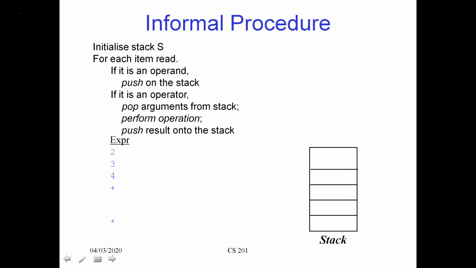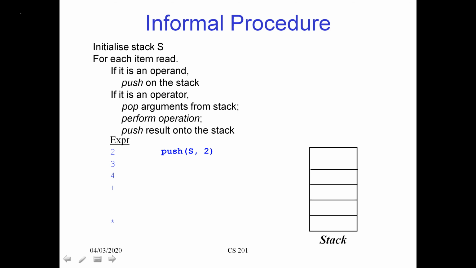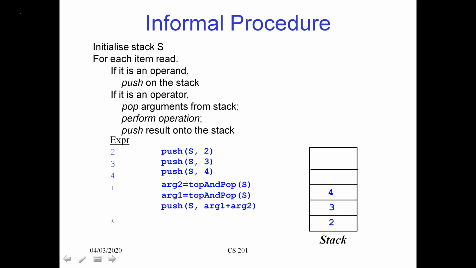We have 2, 3, 4, and then plus and then multiplication. You can see the intermediate operations. You push, fine, then push again, fine, then push again. Then an operator comes. When the operator comes, you pop these two and add them. So you are adding, and it becomes 7.